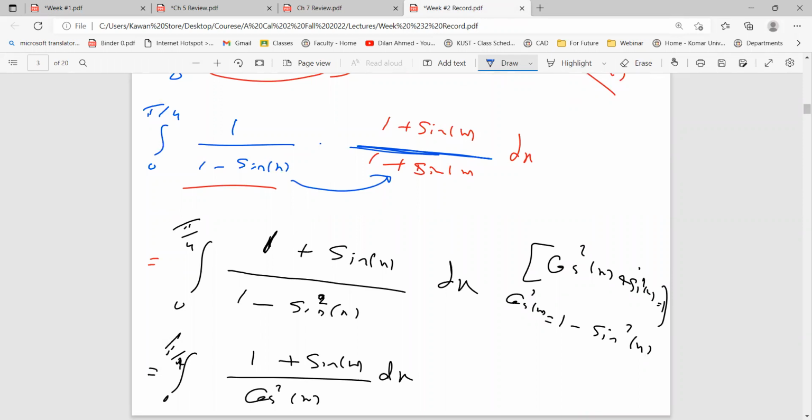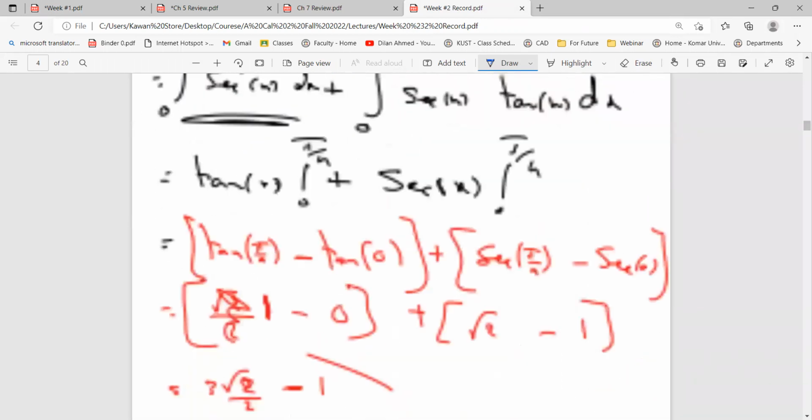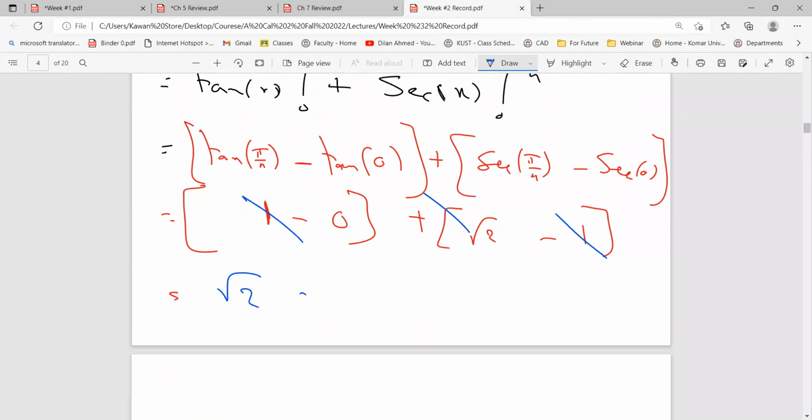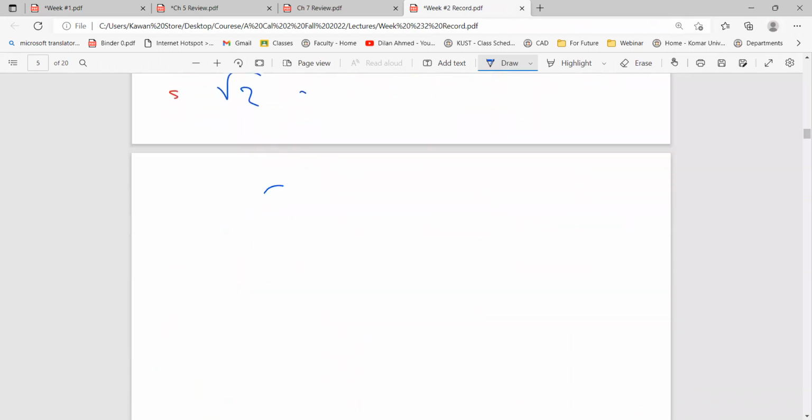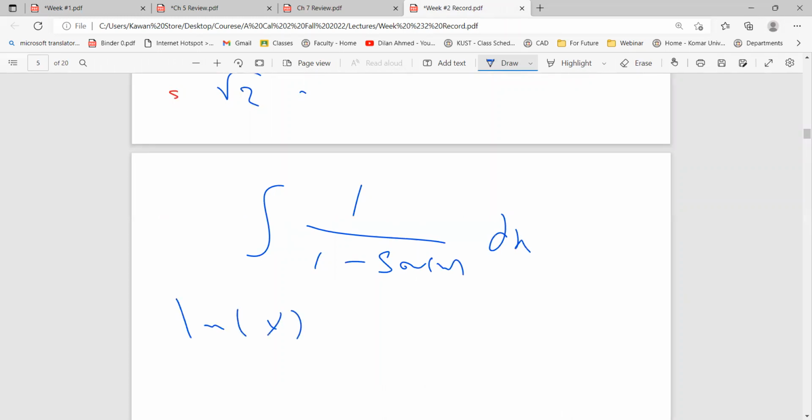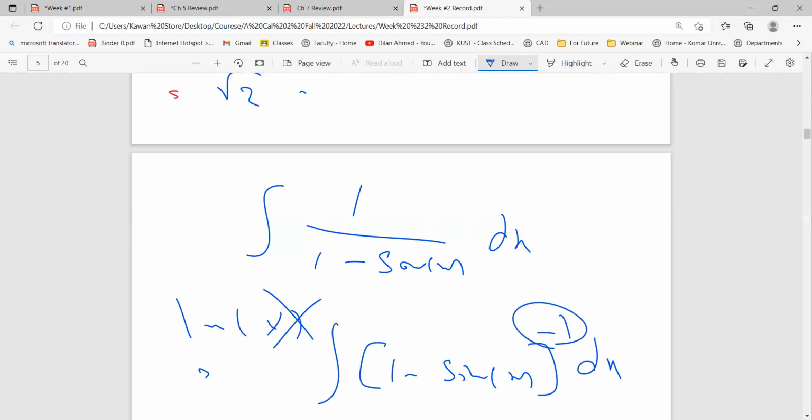We cannot solve that integral by any method. We cannot use substitution. We cannot bring that one up because we have minus 1. So the second idea is also canceled.